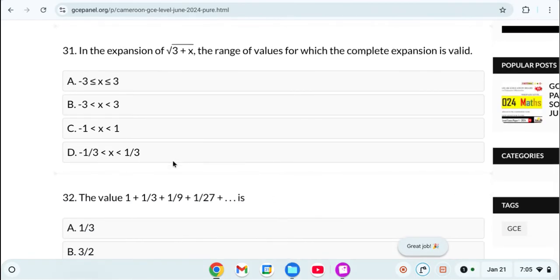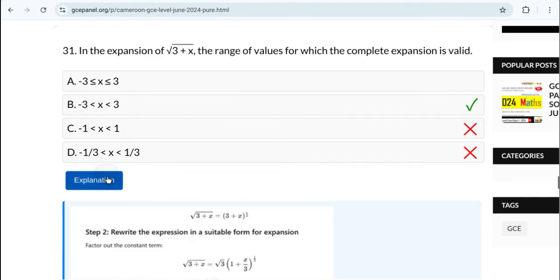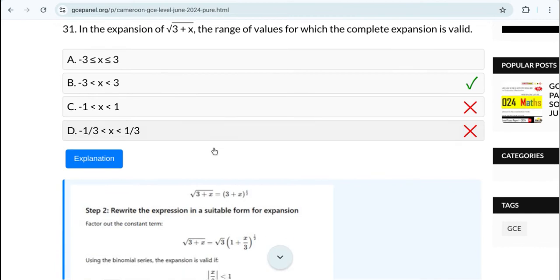Question 31. In the expansion of root of 3 plus x, the range of values of x for which the complete expansion is valid is... So we can always check this out. First of all, our key there is B. Root 3 plus x can be written in the standard way as 3 plus x all to the power of a half.